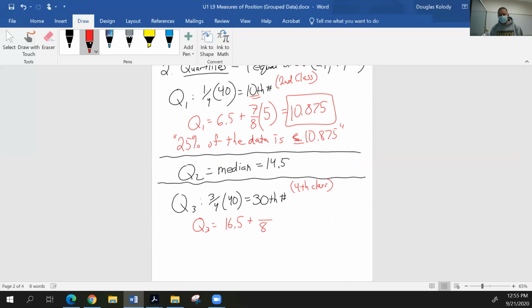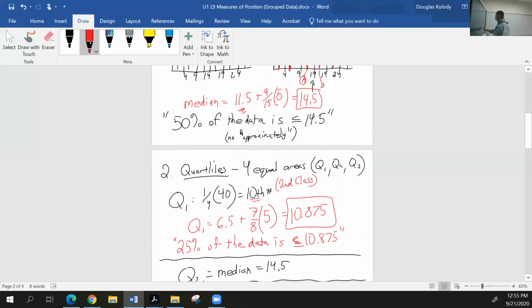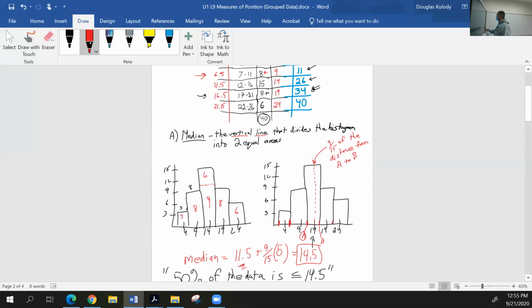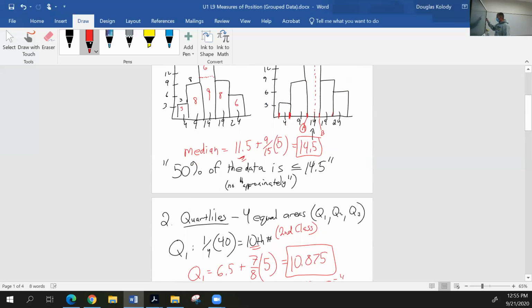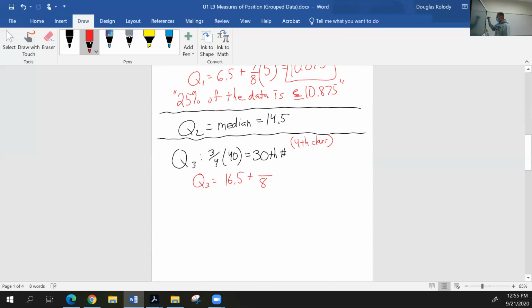That is my denominator. That's huge. Now, how many numbers were there leading up to the 4th class? How many numbers were there total after 3 classes? 26 total numbers. Here's what you have to do in your brain. 26 plus what gets you to 30? Plus 4, Mr. Clody. 26 plus 4 gets you to the 30th overall number. That, ladies and gentlemen, is my numerator times the class width of 5.